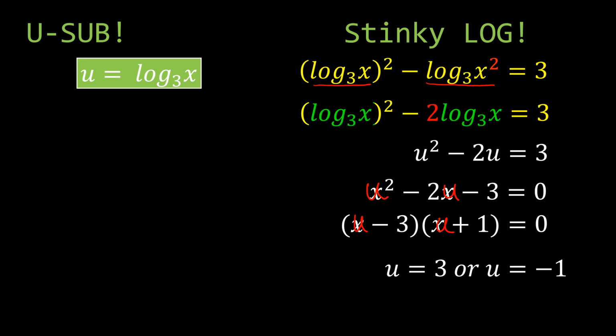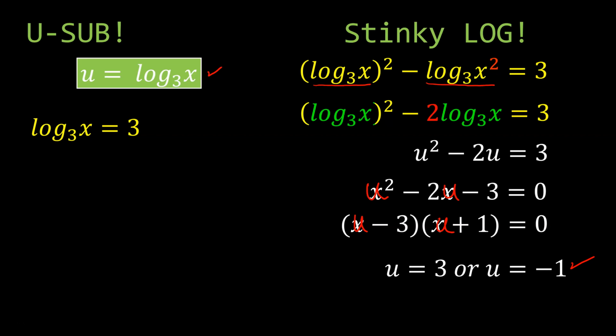Well, we didn't start out with u, so we got to go and find x. Let's go back to our substitution there. Since u is log base 3 of x, and u could be either 3 or -1, then we would say log base 3 of x is 3, or log base 3 of x is -1, right?